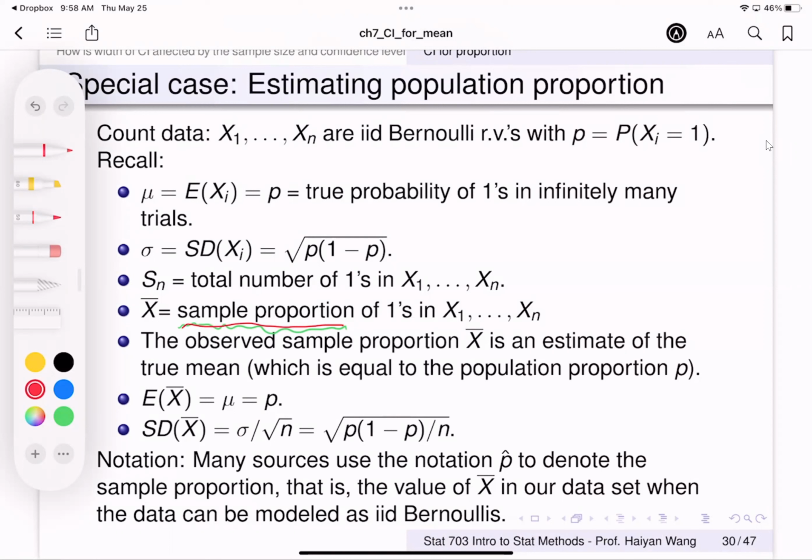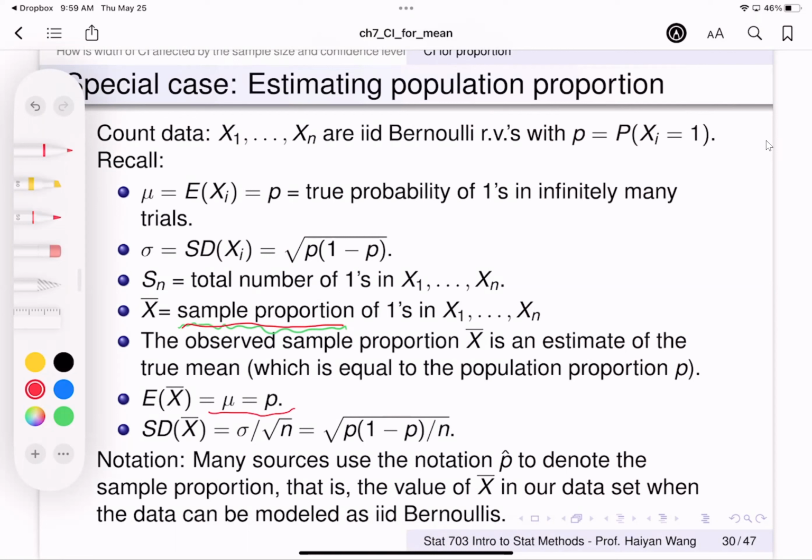And sometimes we make a statement about this population proportion. We need to use the data to help decide whether the statement is plausible or not. The sample proportion, this x bar, has the same center, the same expected value, as the population proportion.